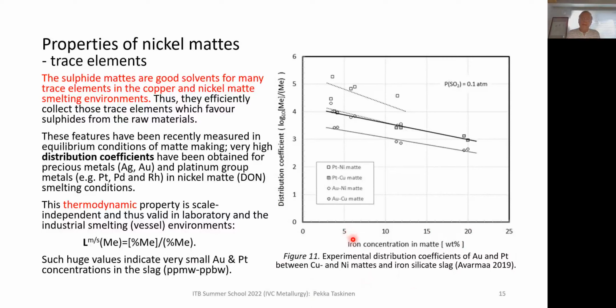And we see that for example, platinum distribution in the nickel matte slag system has a distribution coefficient of more than 10,000 and almost 100,000, and in copper matte systems it is between 1,000 and 10,000.